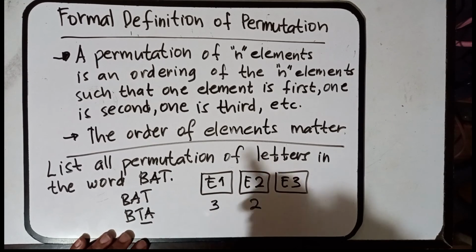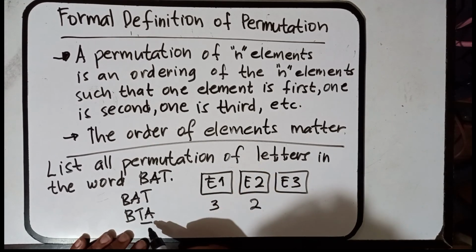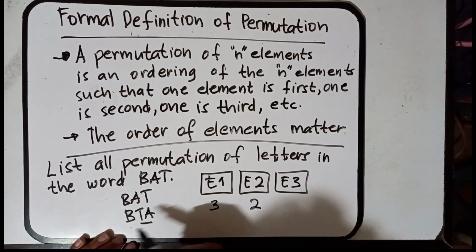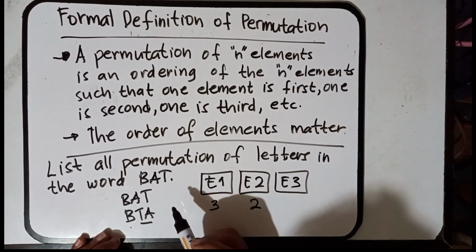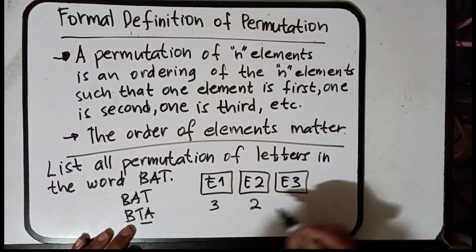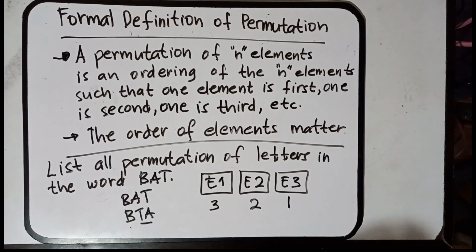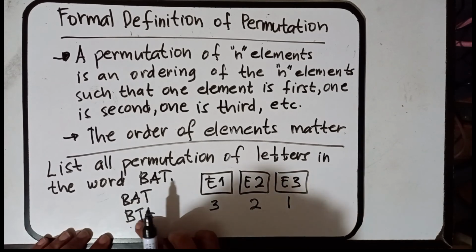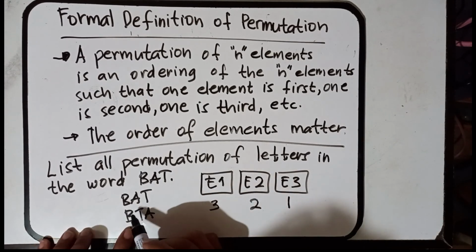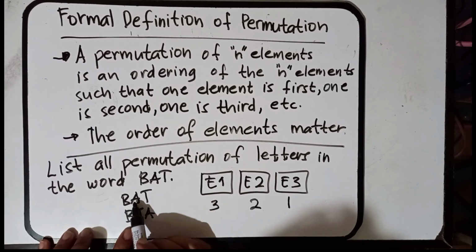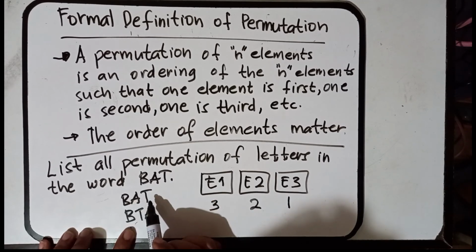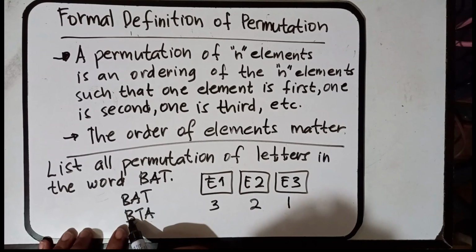After choosing T or A, we only have one letter left. So on event 3, we only have one to choose from. So we have three for the first event because we have B, A, T, and then after choosing the B, we have only two letters left.